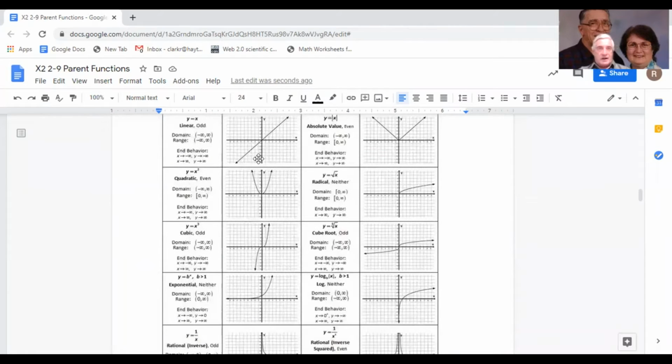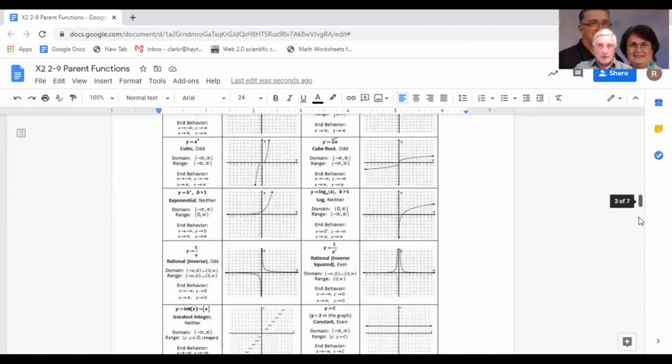There it is. It's called a constant function. It's also called a linear function because it's a line. Does it have slope? Yes, it does. It goes through 1, 1. It goes through 2, 2. It has a slope of 1, a positive slope of 1.